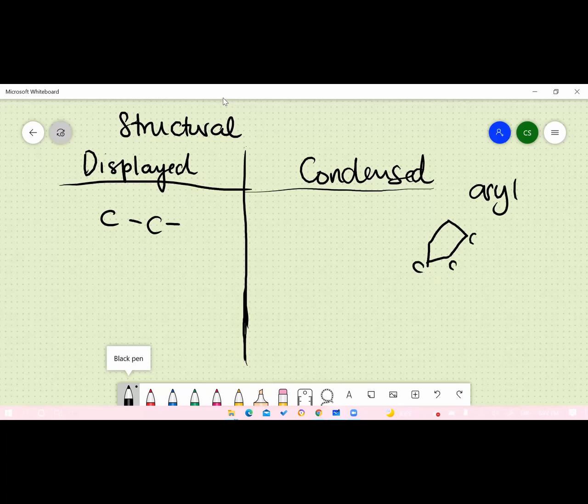Each vertex, that's what these points are called, represents a carbon atom. So in here, this is cyclohexane. Each point is a carbon, right?